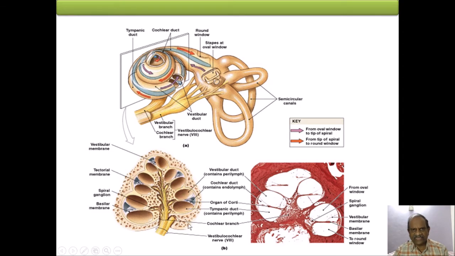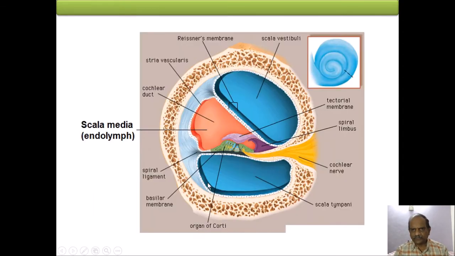Here you can see the bony labyrinth, and the three compartments formed due to the two membranes present in the cochlea. One is the resonance membrane, and the second is the basilar membrane.